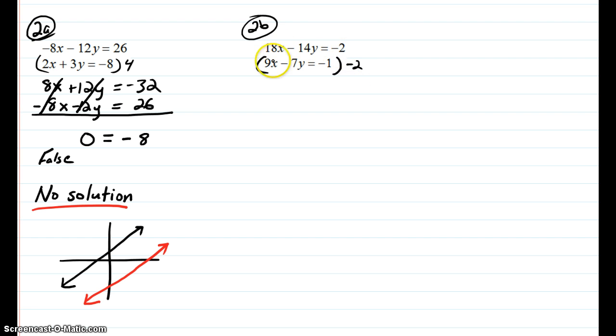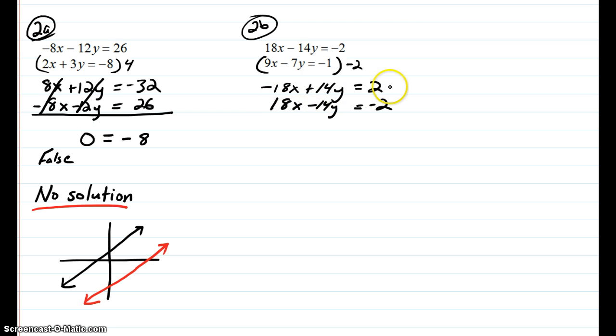And so negative 2 times 9 gives me negative 18x. Negative 2 times negative 7 gives me a positive 14y. And a negative 2 times 1 gives me a positive 2. Rewrite the top. And so here, the left side is just like what happened over here, where we end up with 0, because we have opposites.